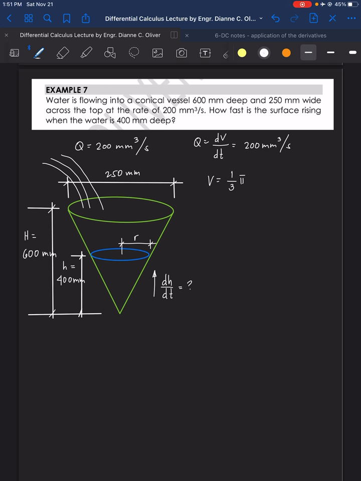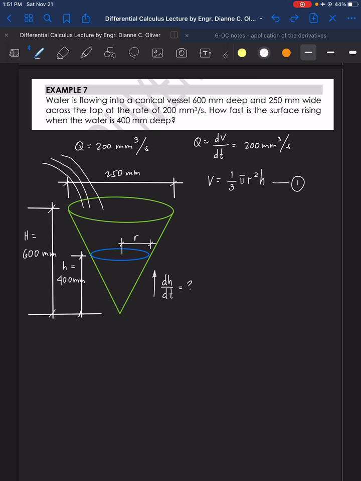So here, in this problem, we are going to take the volume of the water. So this is changing, that is a variable. That is also a variable. This is also a variable. There are 3 of them. We need to eliminate one variable so that in this equation, we're dealing with only 2 variables. So how can we eliminate one variable?